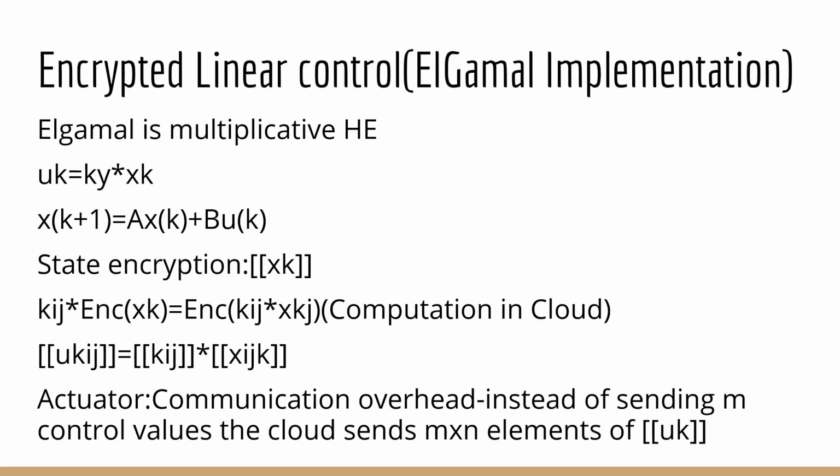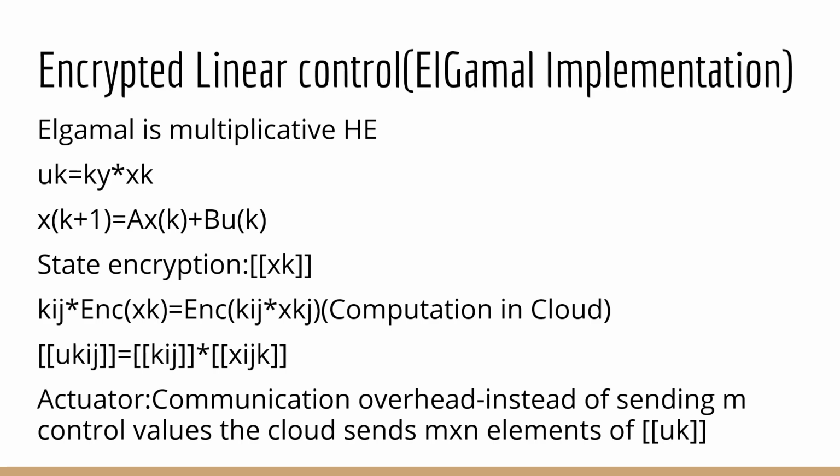In a discrete-time linear system, we get x_{k+1} equals A x_k plus B u_k, where A is the state matrix and B is the input matrix. There is also an output equation y equals C x_k plus D u_k, where C is the output matrix and D is the feedforward matrix. But that will be discussed in detail a bit later.